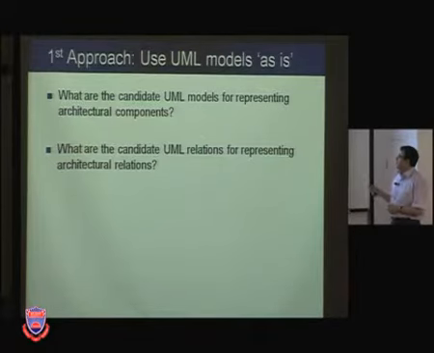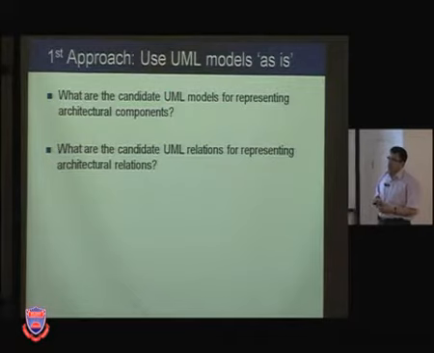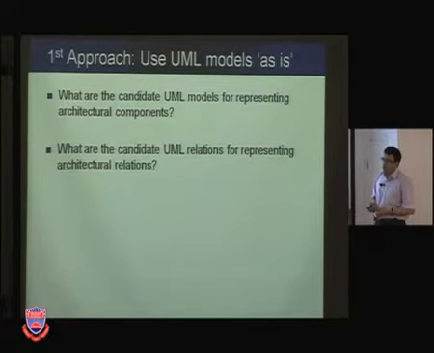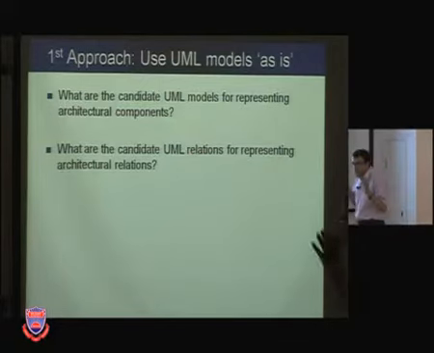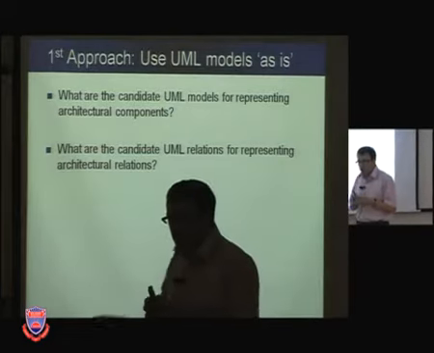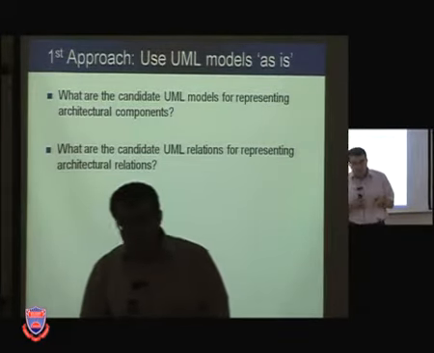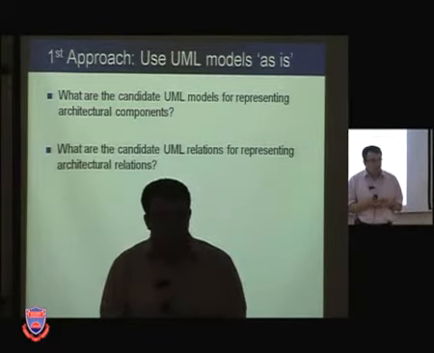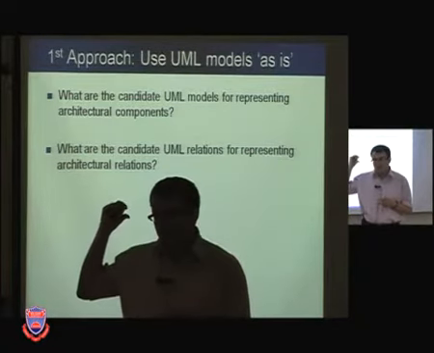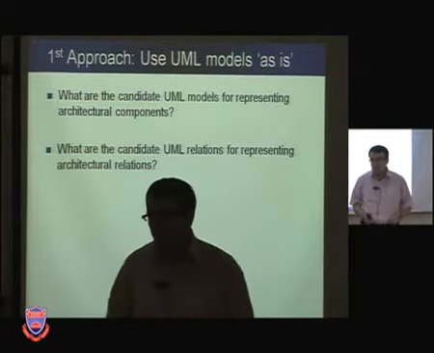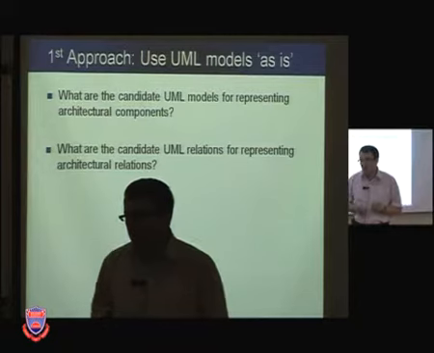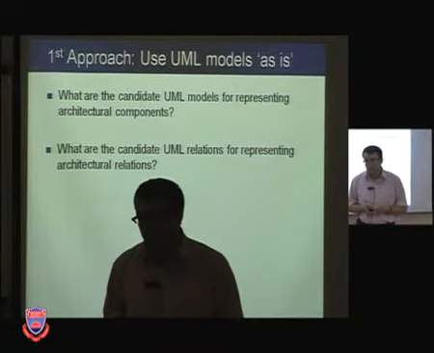What are the candidate UML models for representing architectural components? What are the candidate UML relations for representing architectural relations? It's very simply stated. If you just say architecture consists of components and its relations, then we need to answer these questions. How should I represent architectural components? How to represent architectural relations?